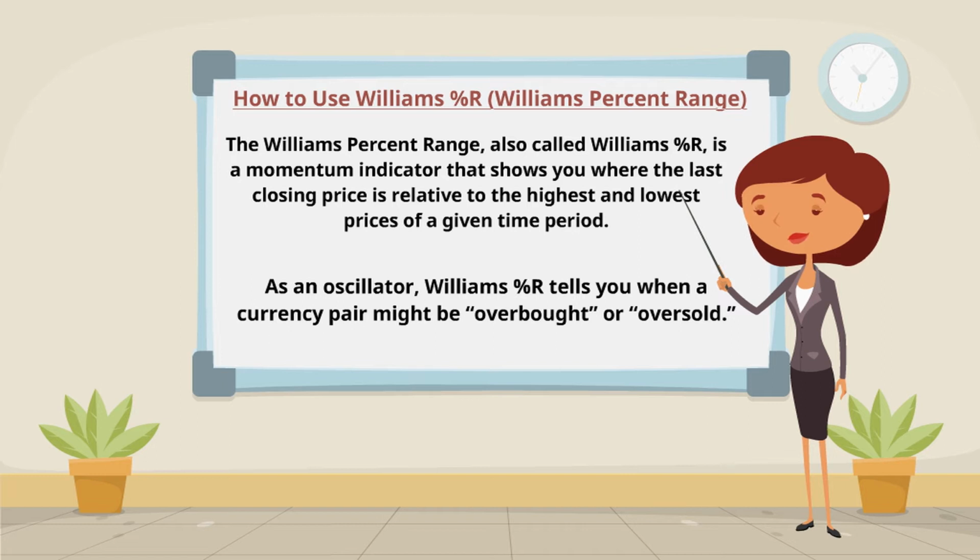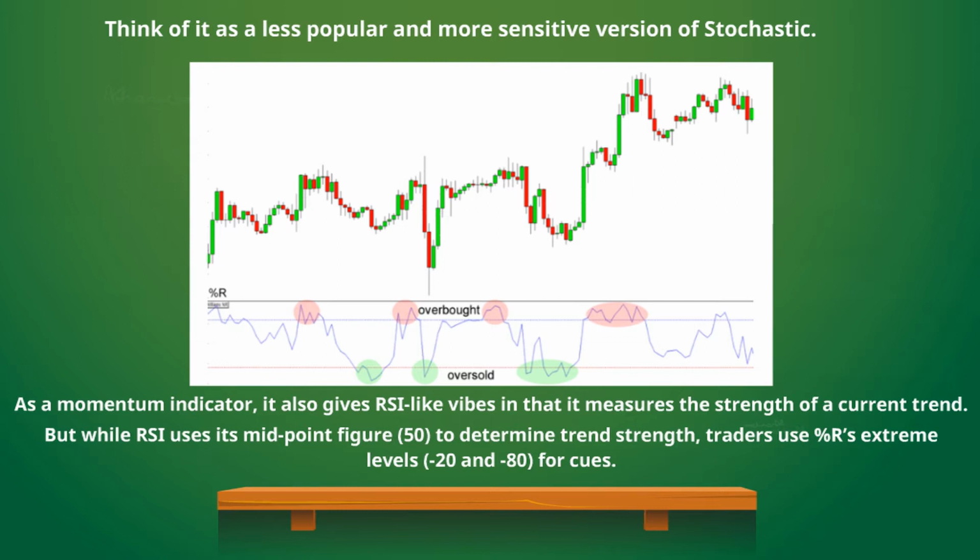How to use Williams %R, Williams % range. The Williams % range, also called Williams %R, is a momentum indicator that shows you where the last closing price is relative to the highest and lowest prices of a given time period. As an oscillator, Williams %R tells you when a currency pair might be overbought or oversold. Think of it as a less popular and more sensitive version of stochastic.